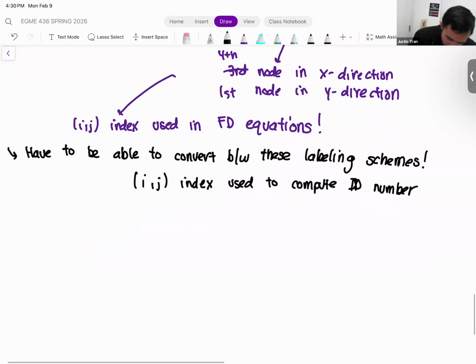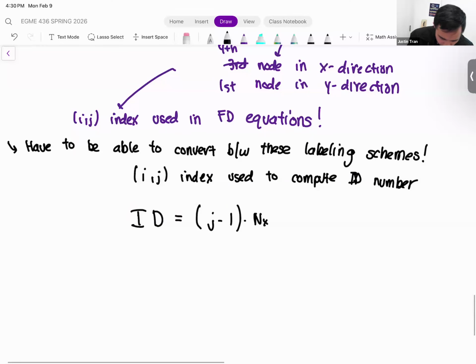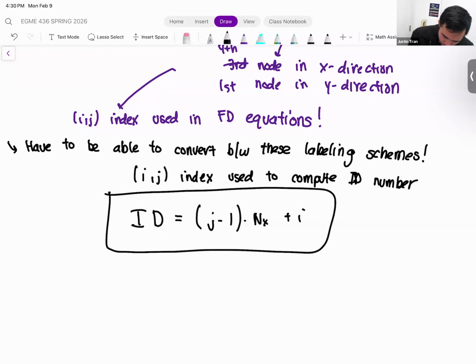Okay. All right, and in fact, we do have a very simple equation for it. ID is simply J minus 1 multiplied by NX plus I. Okay. So in here, I and J are the IJ indexes for the given node. You plug that into this equation and that gives you your ID.